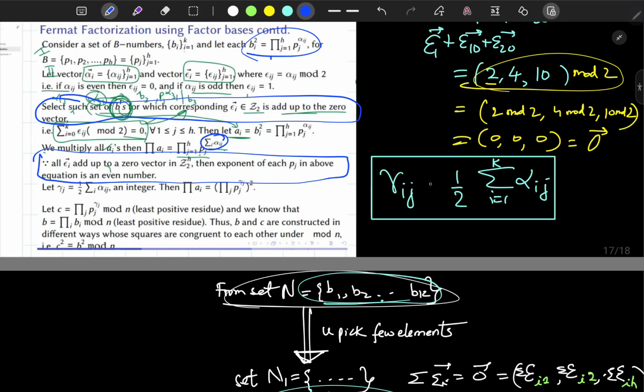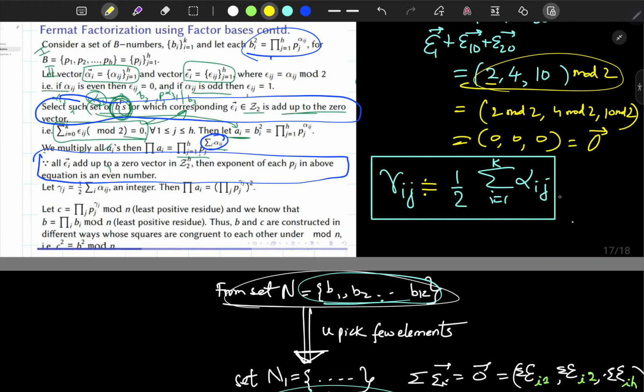In mathematics we will write it like this, which indicates that this is a definition, not just equals to. Bro, you understand my point? This thing you have to understand.